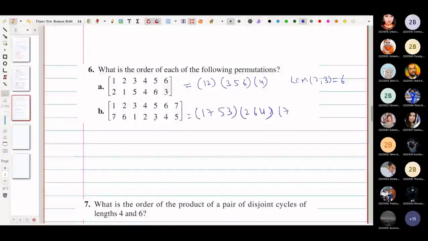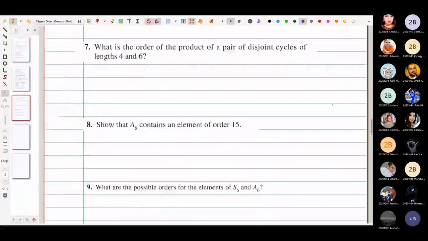Okay, so we can take 7. 7 goes to 5, and 5 goes to 3. No, 7 is there already, so we need not take this. Everything is there: 1, 2, 3, 4, 5, 6, 7. So the order of this is LCM of 4 and 3, which is equal to 12. Fine.